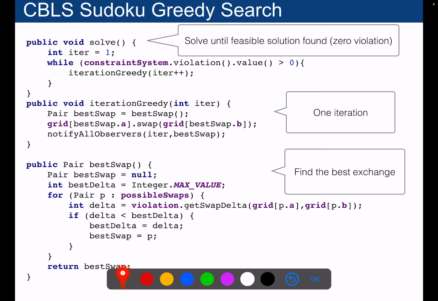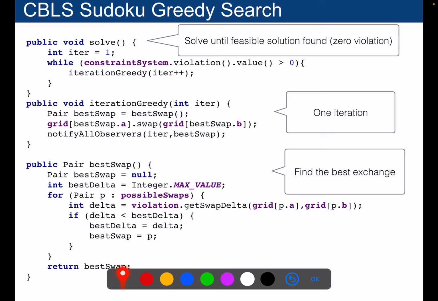So the search is that one: as long as I have some violation in my constraint system, as long as the violation is larger than 0, then I will do a greedy iteration, and my greedy iteration will try to find the best swap, and then we will swap between the two positions that I have found in my pair. So I will exchange the grid cell at position A and the grid cell at position B.